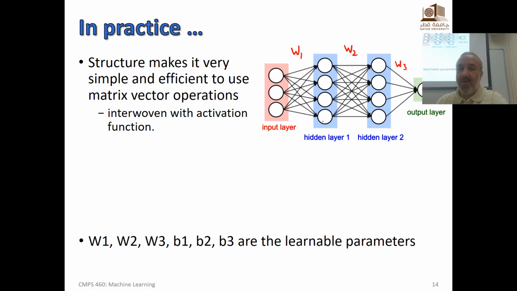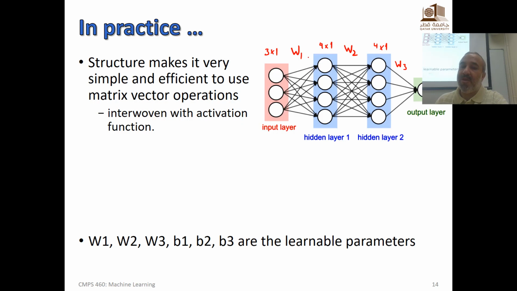How about the dimensions of each layer? Usually the input layer is represented by a vector, so this is a 3 by 1 vector. The hidden layer is 4 by 1, and this is also 4 by 1.